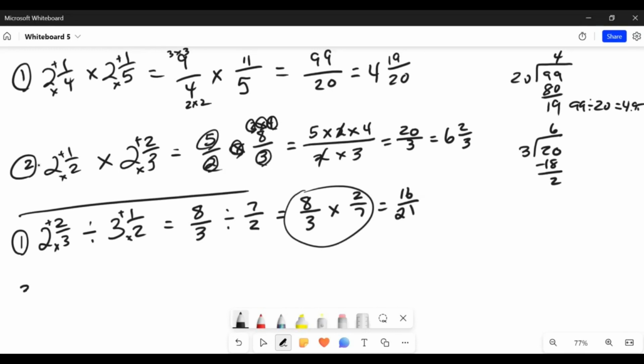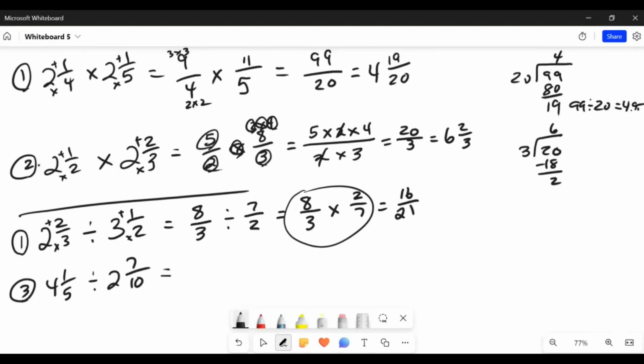Okay, I'm going to jump to number 3. Number 3 is 4 1/5 divided by 2 7/10.